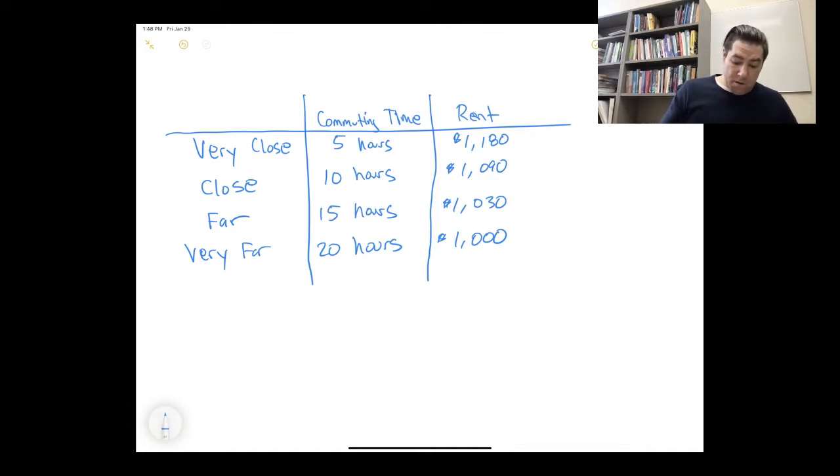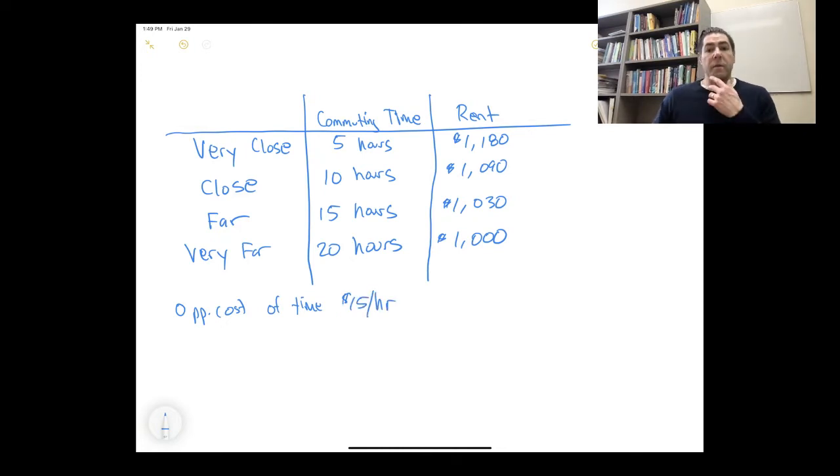And remember, our opportunity cost of time here is $15 an hour. If I take a second and think about the problem, how can I apply marginal benefit and marginal cost? Well, if I start with very close as my first option, as I move further away from the campus, what's the benefit? The benefit is my rent is decreasing.